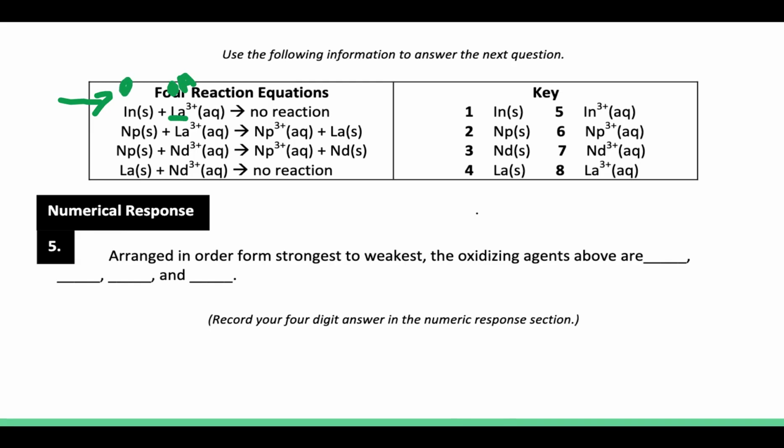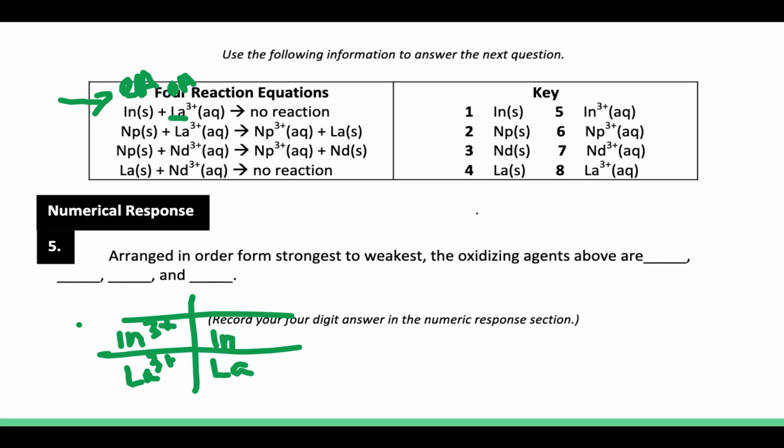The other one would be your RA. So when you go to make your table, we know that La3 positive has to be lower on the table than your In. And then you can fill in the rest. I'm using the rest of this to somewhat help. So I have In3 positive and La solid over here. So that's our first one.